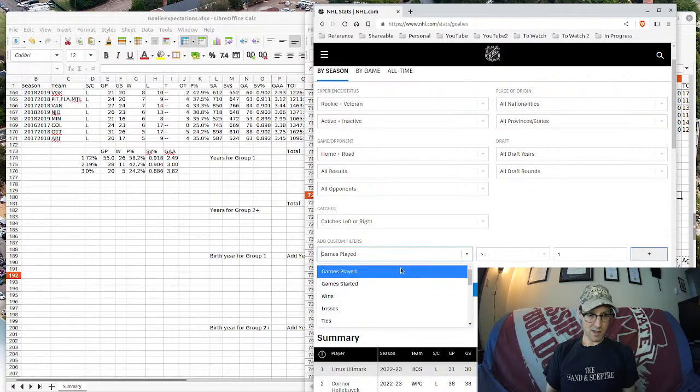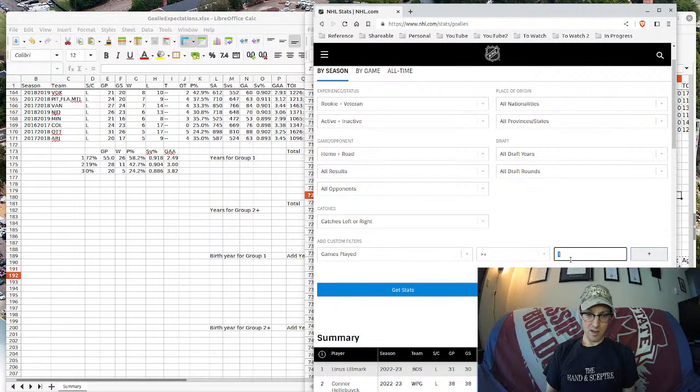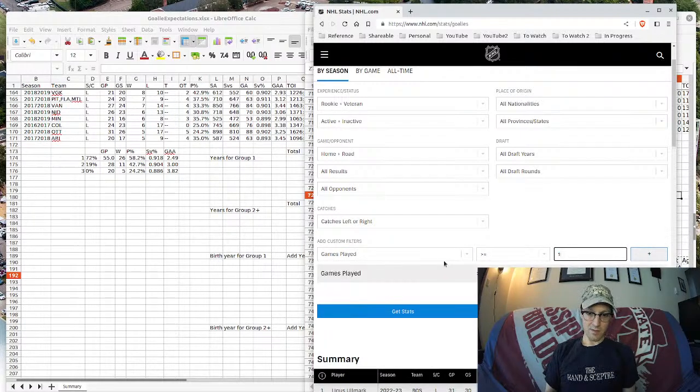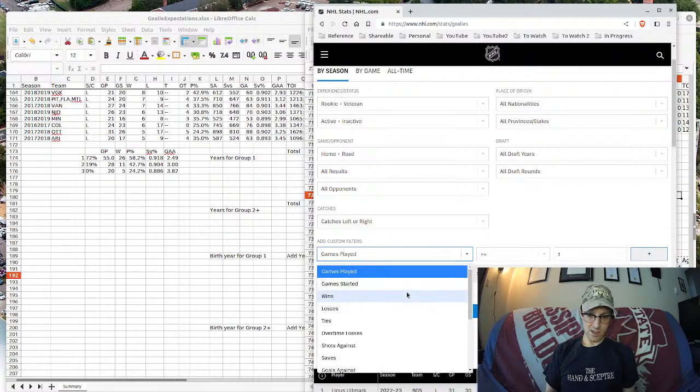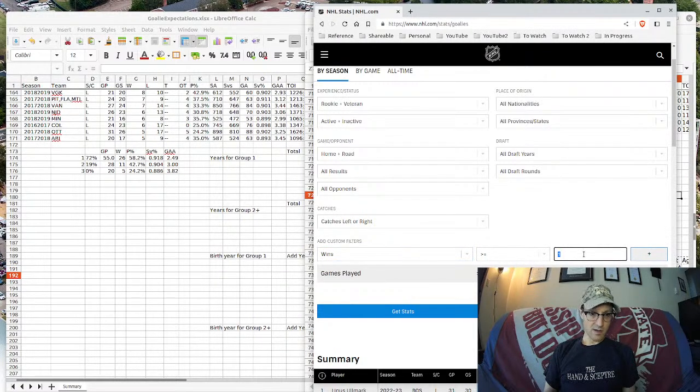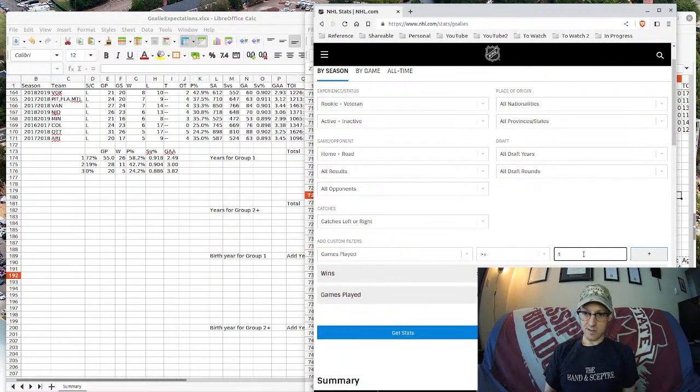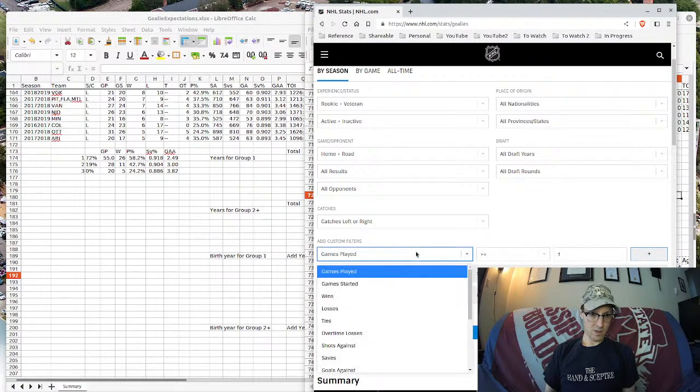Okay, so we want games played greater than or equal to 55. We want wins greater than or equal to 26.